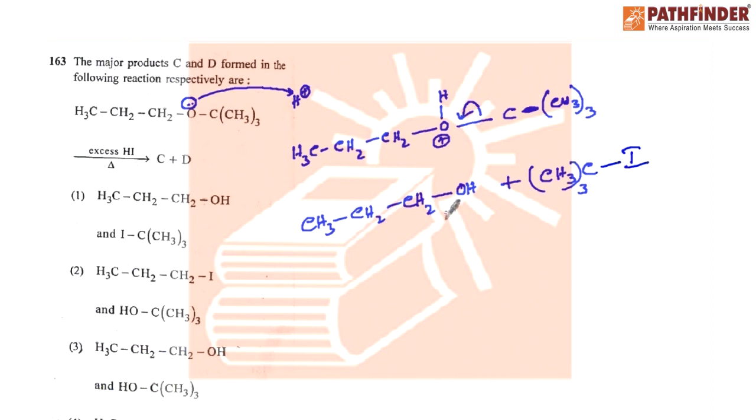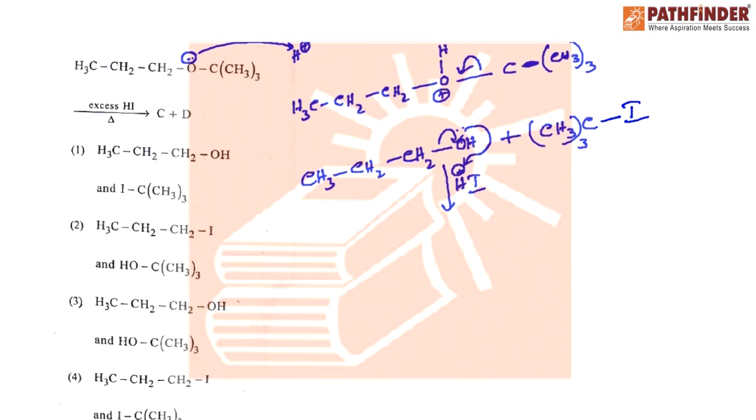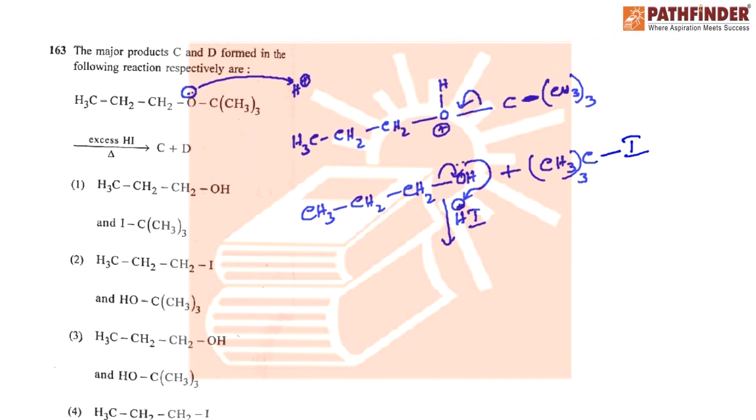Now if HI is in excess, then once again this oxygen will protonate with H plus, and then water will go out. Here no carbocation is formed, because it passes through an SN2 mechanism.